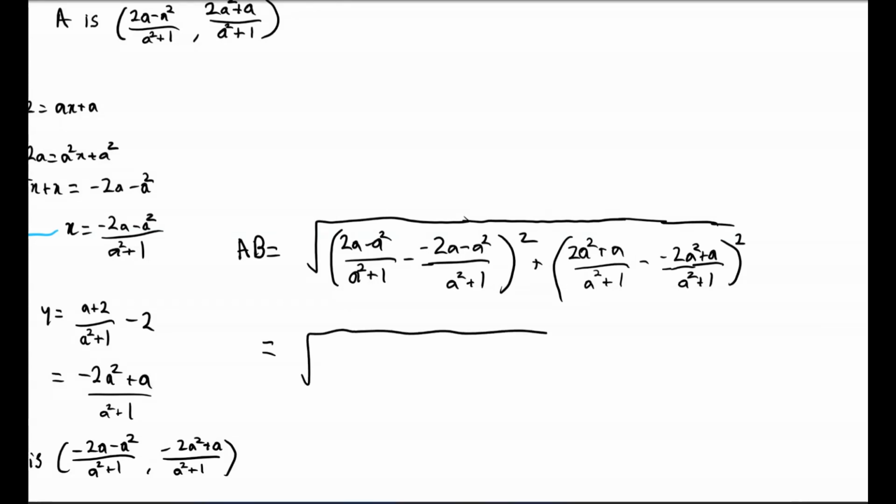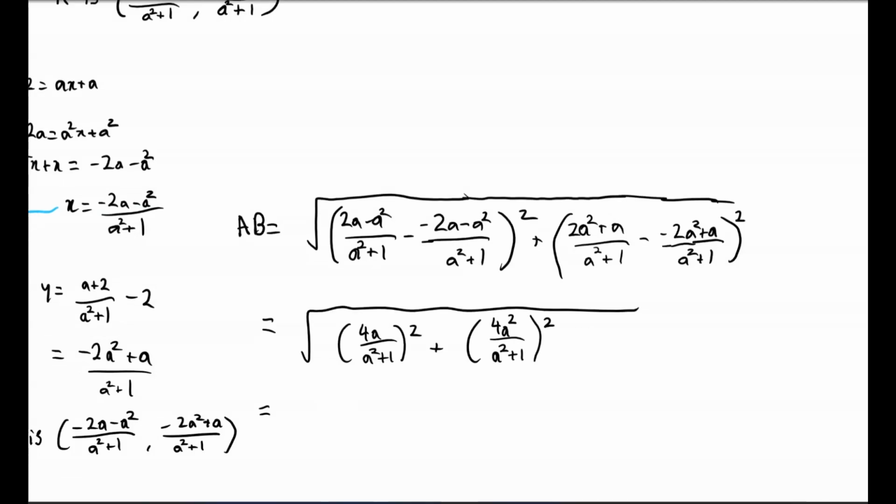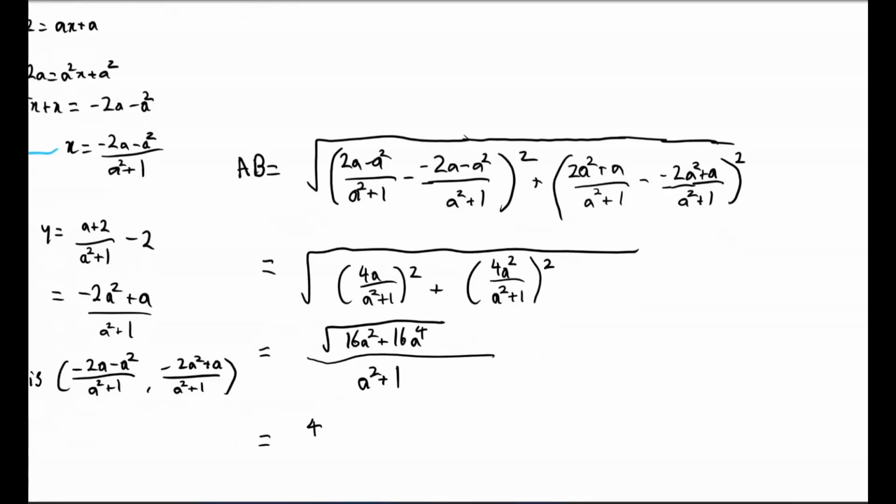This is equal to the square root of 4a over a squared plus 1 squared plus 4a squared over a squared plus 1 squared. This can be written as the square root of 16a squared plus 16a to the 4 over a squared plus 1. And this is equal to 4a multiplied by the square root of 1 plus a squared over a squared plus 1.